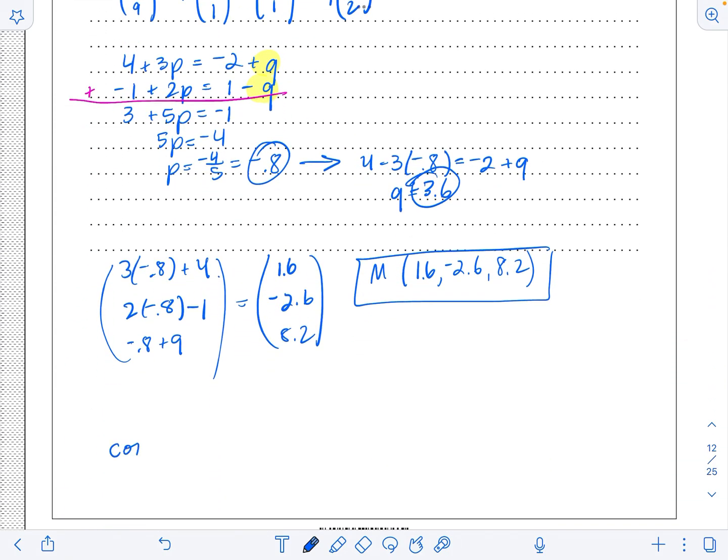Our equation is that the cosine of the angle between two vectors is the dot product of those vectors, r1 dot r2 over, well, that's not quite right. It's the dot product of the direction vectors over the magnitude of the direction vectors.